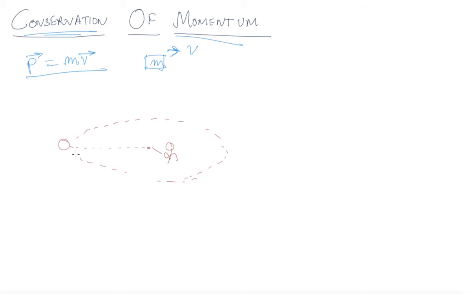So how is force being applied to this particular ball if it's moving at a constant velocity? If the ball is moving at a constant velocity, how are we applying force, or how is the momentum changing?